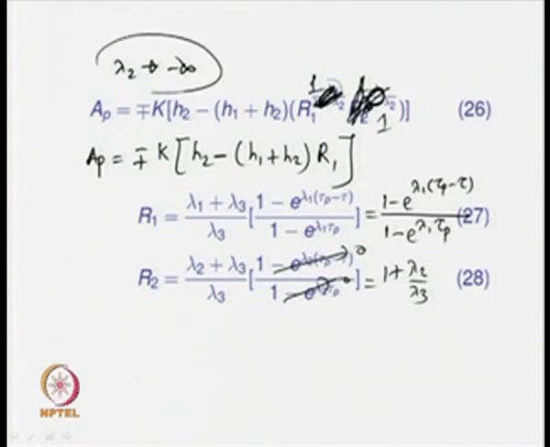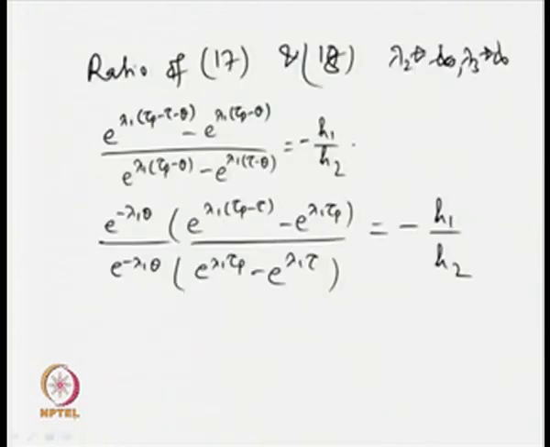So, with this limiting value R 1 will be 1 minus e to the power lambda 1 tau p minus tau divided by 1 minus e to the power lambda 1 tau p, and A p will be minus plus k times H 2 minus H 1 plus H 2 together times R 1. Okay. Now, that concept will be used.